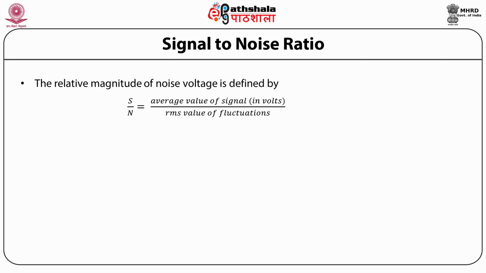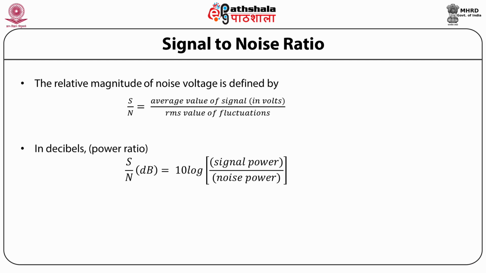The relative magnitude of noise voltage is defined as S by N equal to the average value of the signal in volts divided by the RMS value of fluctuations.